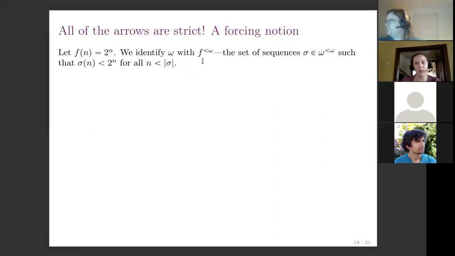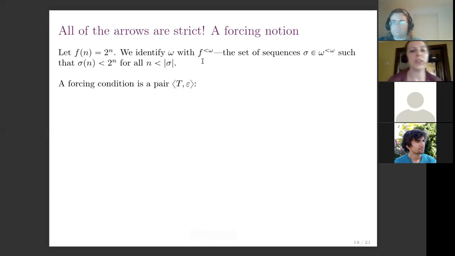On 0, you have 2 possible values, 0 and 1. On argument 2, you have 4 possible values. On argument 3, you have 8 possible values, and so on. So it's a computable tree that branches more and more as the height of it grows.